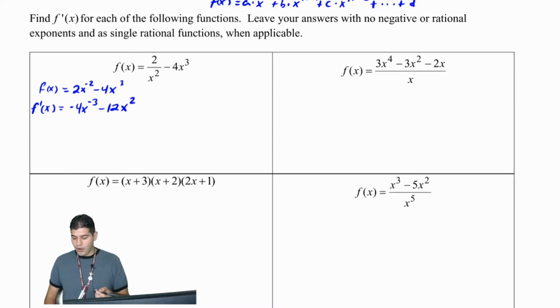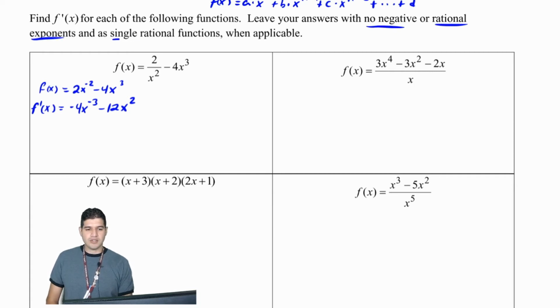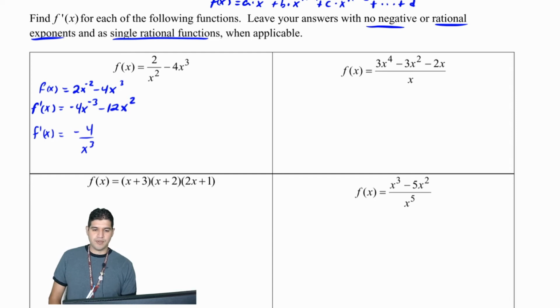Now I want to do some extra work here because I don't want to leave it with negative exponents, and no rational exponents either, so nothing like 1/2. We also want to move everything into one fraction if possible. So f prime of x is negative 4 over x cubed, so now it's a positive exponent, minus 12x squared.